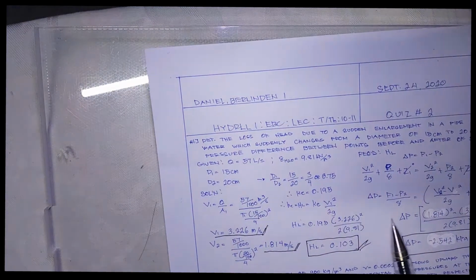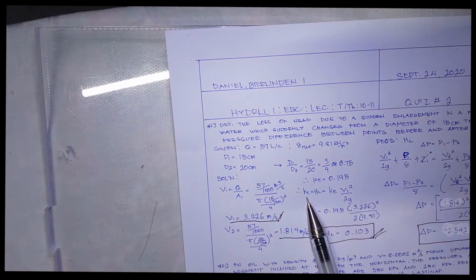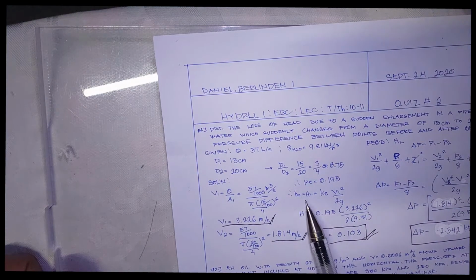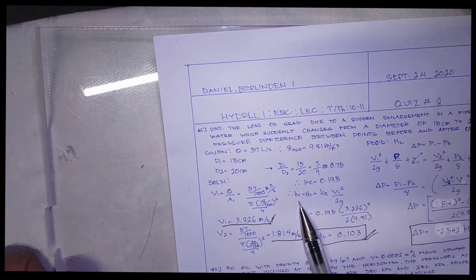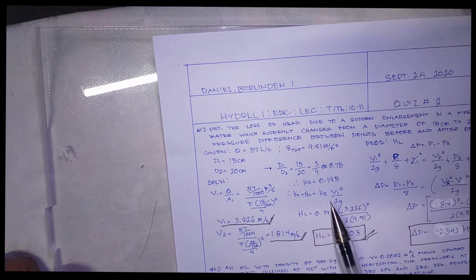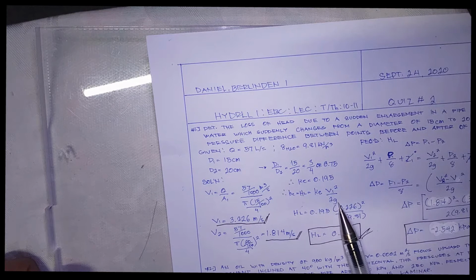Then we have the formula HE is equals to, we use this formula in getting the value of HE, which is equivalent to the head loss, because that's the only given head loss, there are no other factors. So we assume that HE is equals to HL, which is equivalent to KE multiplied by the velocity 1 squared over 2 times gravity.